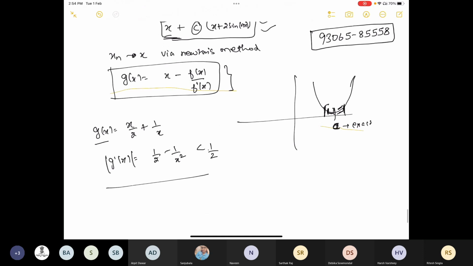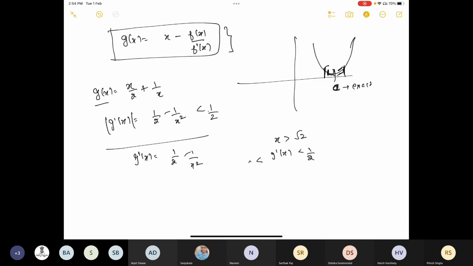You can see from here only. g prime x is nothing but 1 upon 2 minus 1 upon x square, right? So if x is greater than square root 2, then g prime x is less than 1 by 2 and strictly greater than 0. But if x is strictly less than square root 2, then g prime x is strictly less than 0. So to the left of root 2, your function is decreasing. To the right of root 2, your function is increasing.